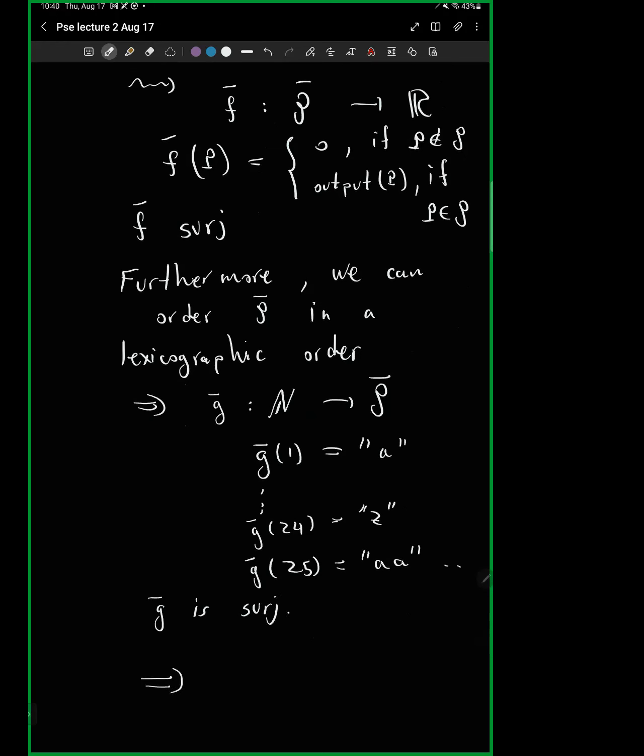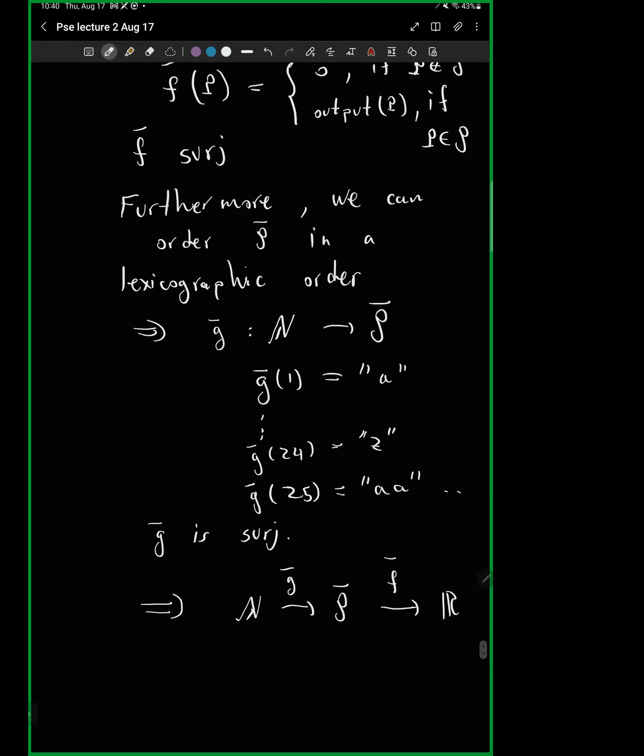And all of this is to say that now I have a surjective map from N to P bar. This I call G bar. And I have a surjective map from P bar to R. We call it F bar.